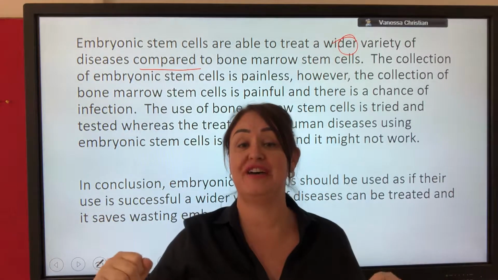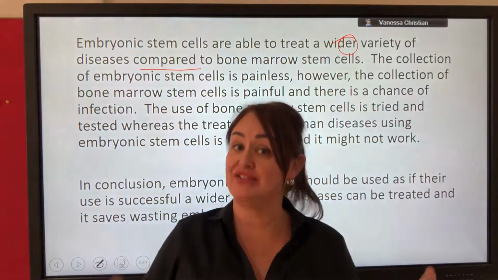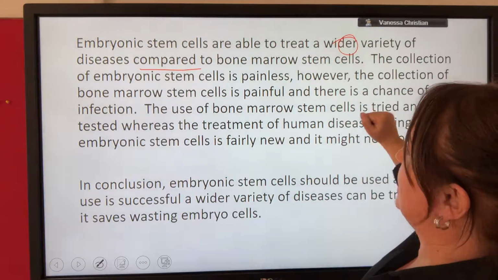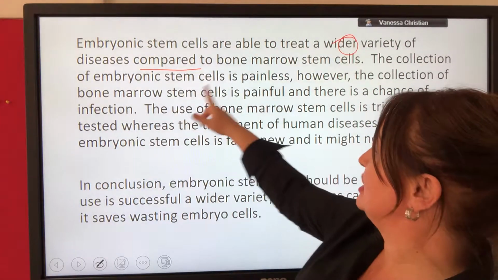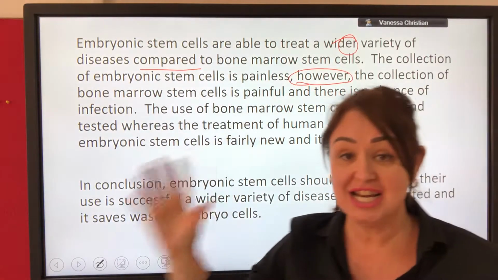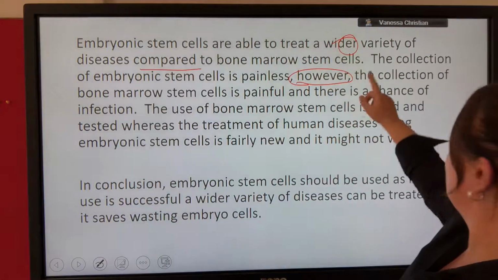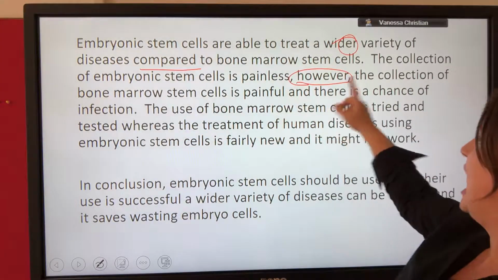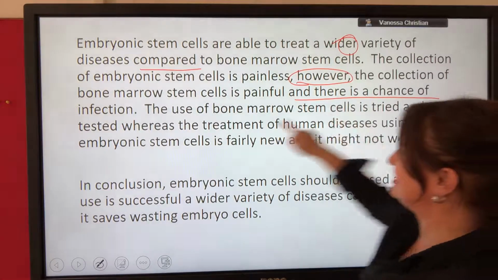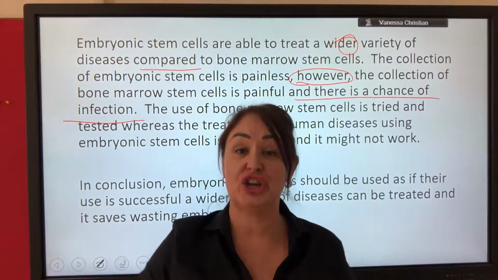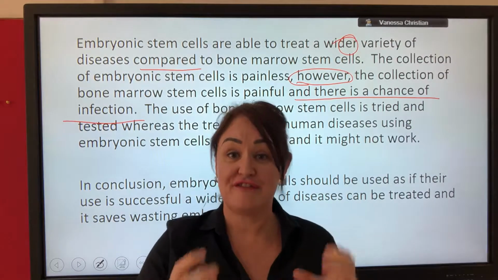From that, we've inferred that you can treat a greater variety of diseases. Tick. We've also said the collection of embryonic stem cells is painless. However, nice little comparative phrase there, the collection of bone marrow stem cells is painful and there is a chance of infection. Again, we've used our knowledge and we've added something extra from the text.